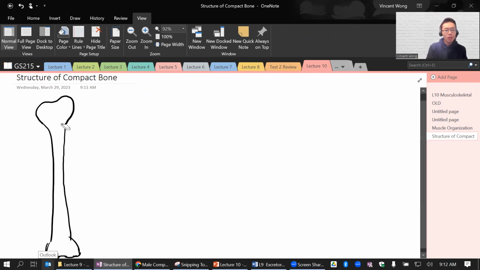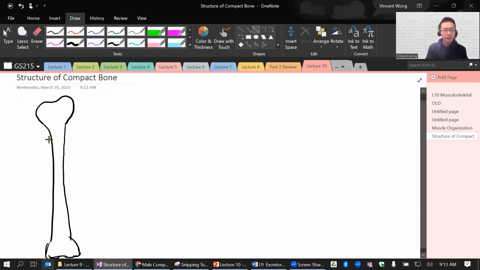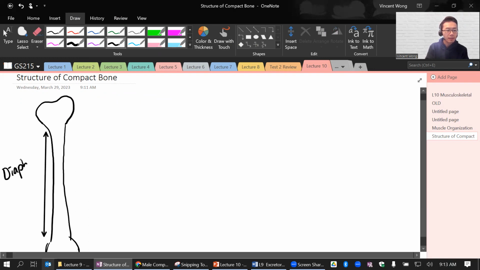Okay, and the long bone has a shaft right here, and that is called the diaphysis. The auto caption is totally not picking up that word, but that's how you say it, the diaphysis.